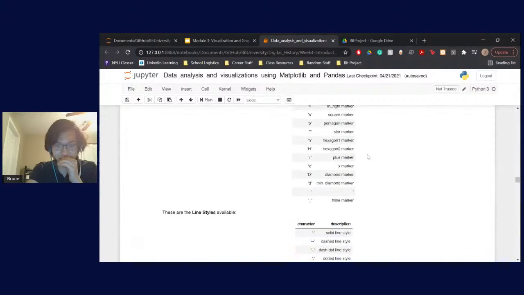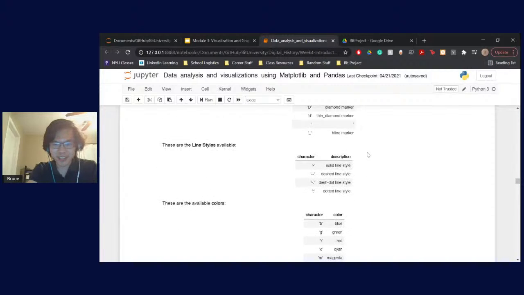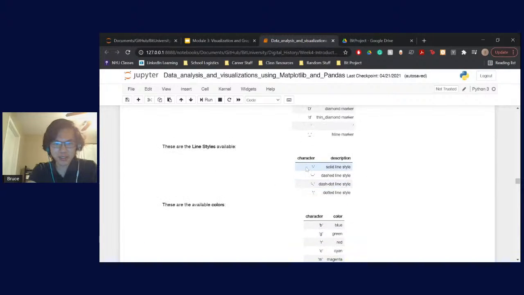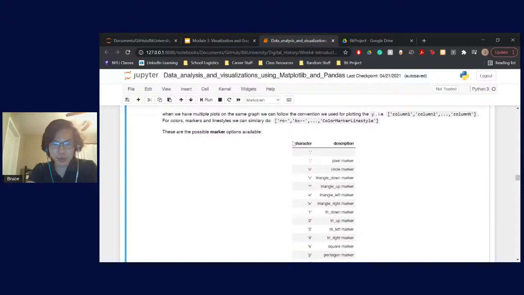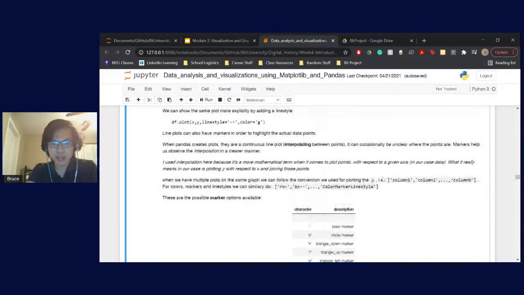So here's a large list of what's going on. These are the different available colors. This is a list of line styles, right? Depending on how you want to pass it in, we're going to get a different way to connect the lines. And then here are different ways to mark the points, right?